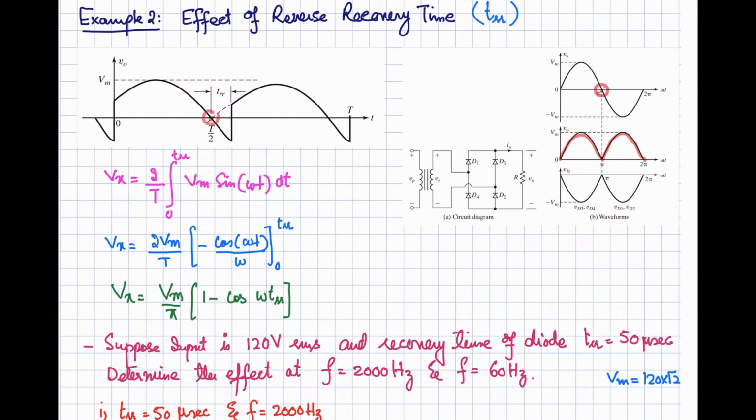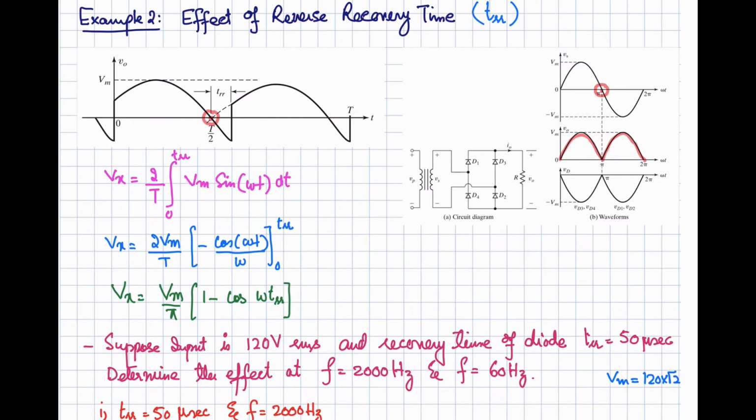But your diode takes a certain time to get reverse biased, and because of the presence of mobile carriers in the diode structure, even if you have applied a negative voltage at the anode with respect to the cathode, the diode keeps on conducting.